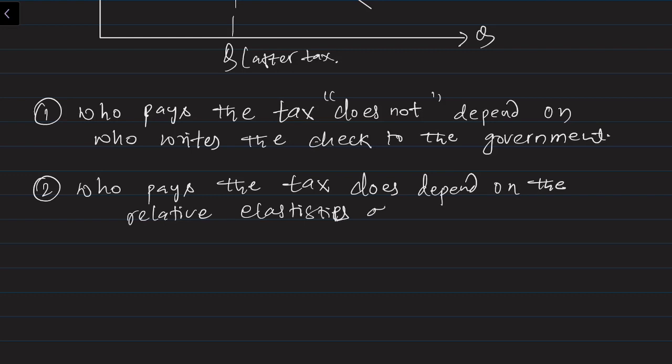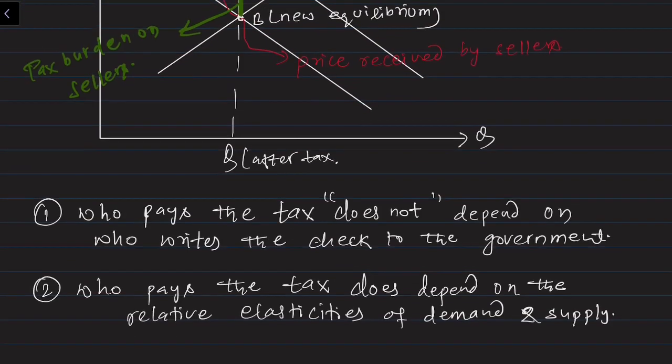The spelling is a mistake. Elasticities, okay, of demand and supply. All right.